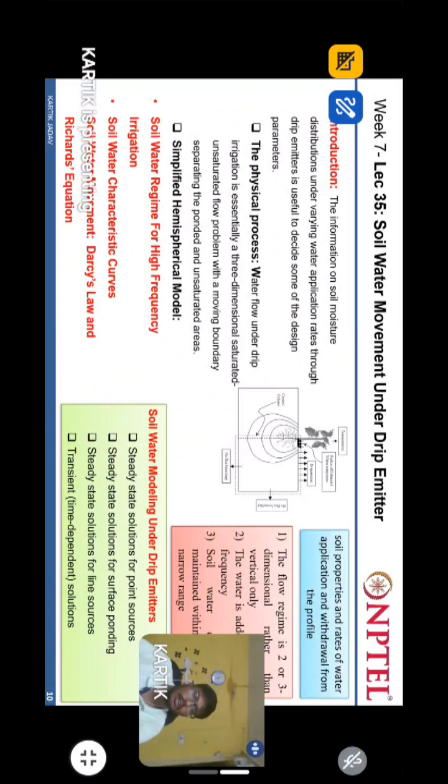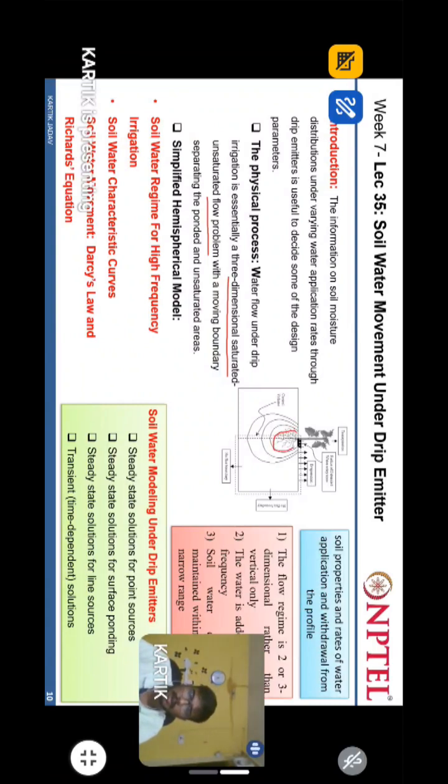Also, generally the physical process of water movement in a drip irrigation system is essentially a three-dimensional saturated-unsaturated flow problem, right? Because when we start applying water, at that time the soil is unsaturated, and it will start saturating the soil surface, right?